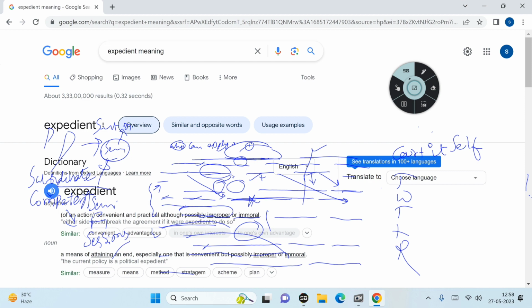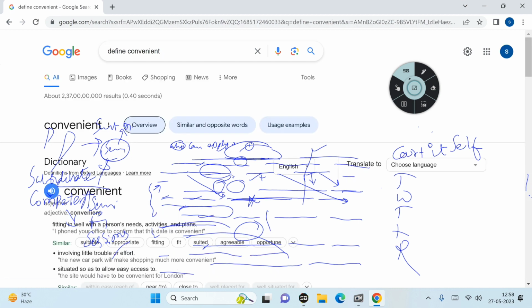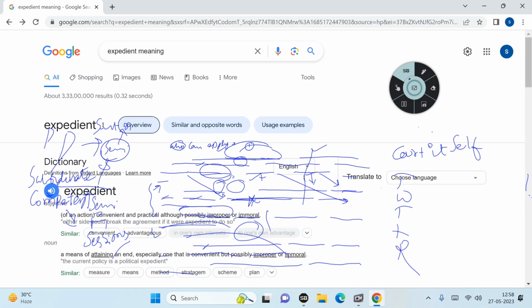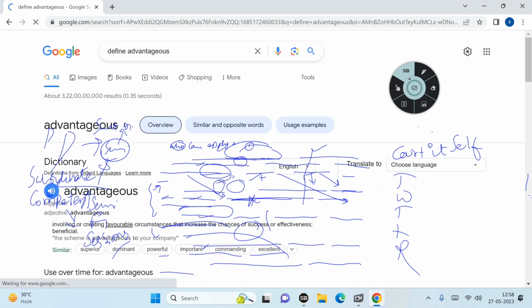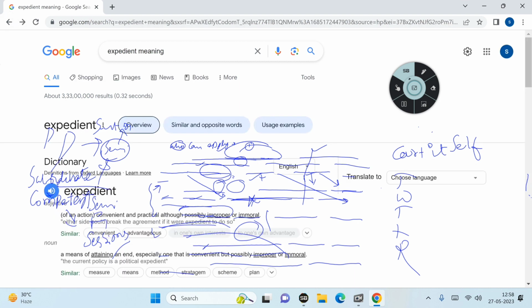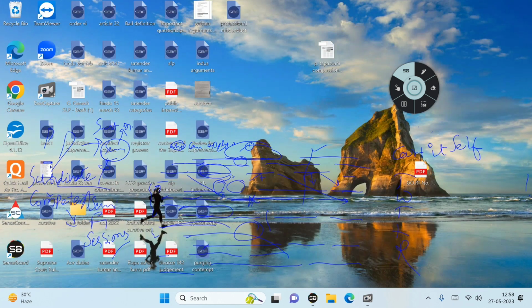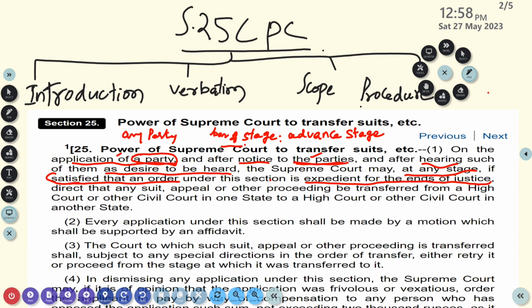So expedient means, when you see synonyms, convenient. Advantageous. There are two situations. So come to the meaning of the word expedient. Expedient means convenient or advantageous.